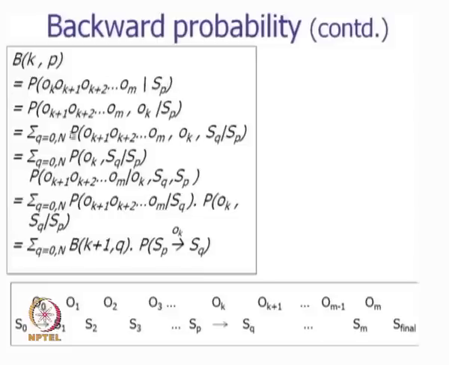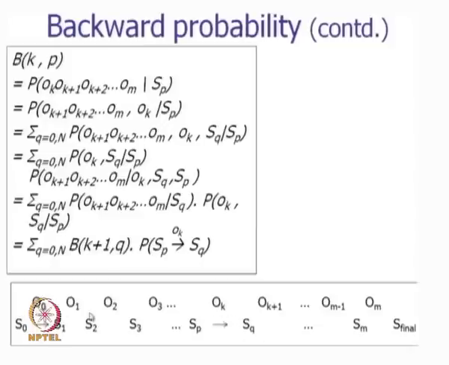Now, this again can be broken up into two parts. We isolate the part O k and leave this part O k plus 1 to Om, and the conditioning part remains the same, which is S p. And now we introduce a marginal variable, which is S q, and S q you can see here is the state at this point in the state sequence after O k.